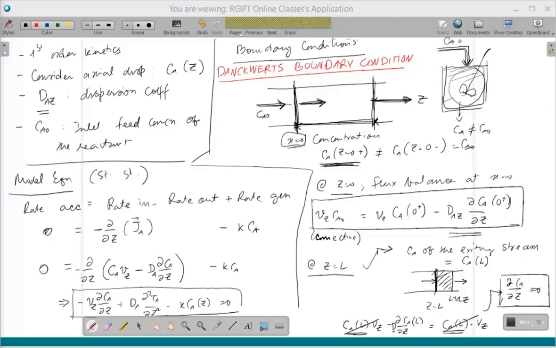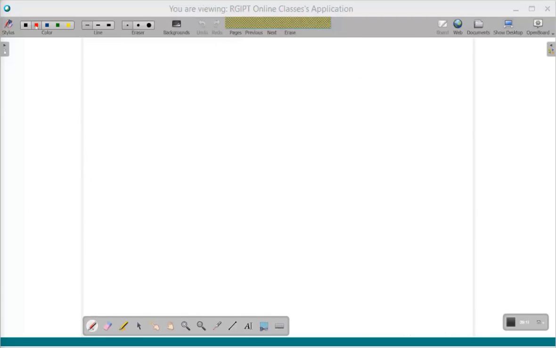So let me rewrite this Danckwerts boundary condition again.